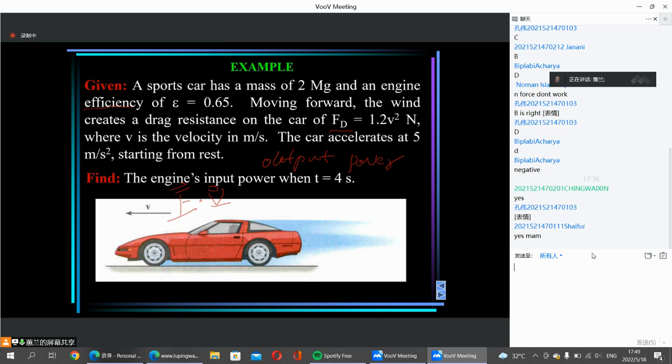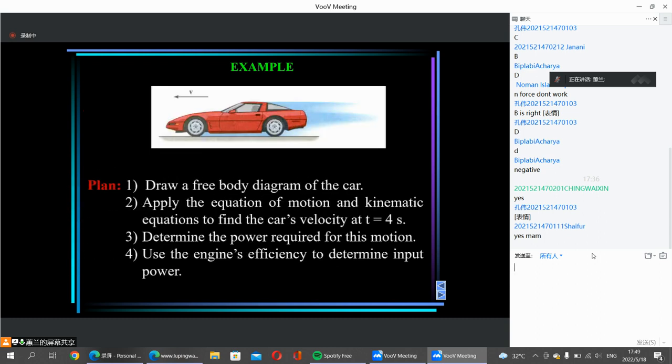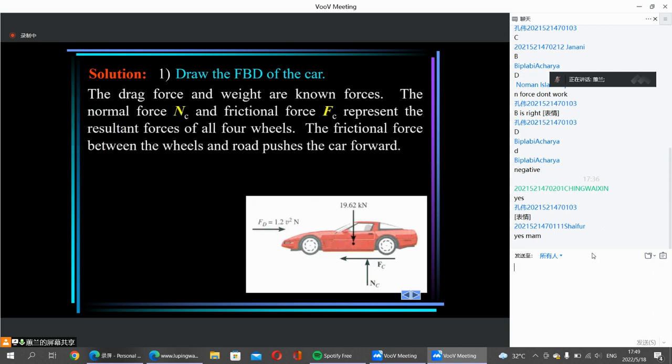So we need to draw the FBD, right? For the car, we need to draw the FBD. The car will definitely have the weight, the normal force, the friction force, and the drag force by the wind.